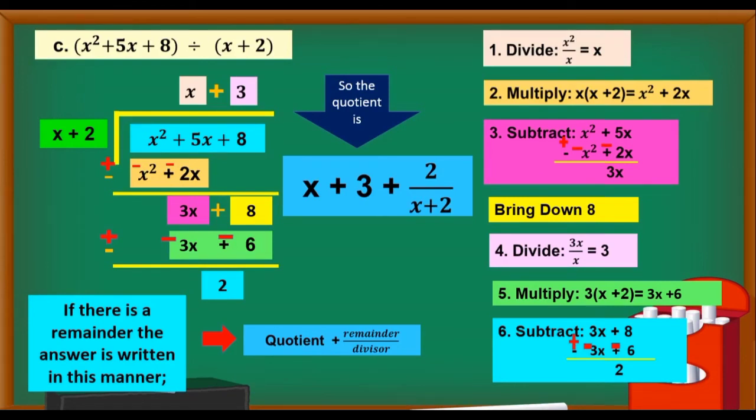Madali lamang pong mag-divide ang ating polynomial by another polynomial. Basta alam ninyo ang rule natin sa integers, ang rule natin sa ating laws of exponent, at lalong-lalo na ang rule po sa ating long division ng arithmetic, which is divide, multiply, subtract, and bring down.